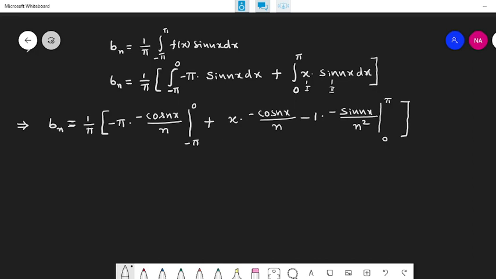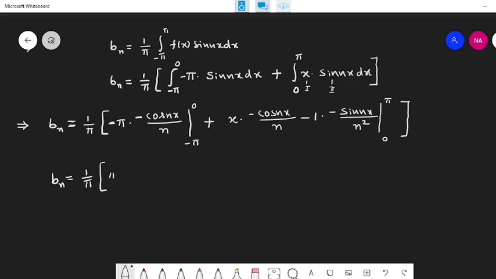Now, let us apply limits. Bn equal to 1 by pi times. Here, let us take constant term outside. Minus into minus, so minus into minus will be plus.